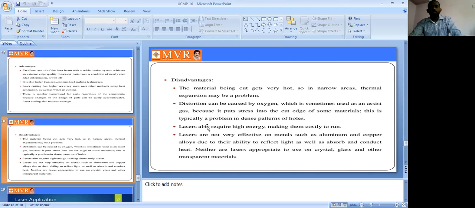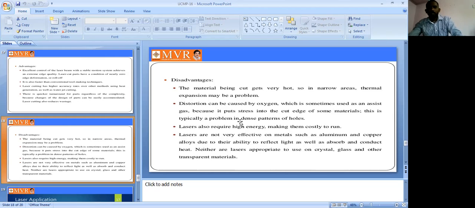So sometimes in this process we can use it as an assist gas, and sometimes we cannot use it as an assist gas. That is one of the major defects, because it puts stress into the cutting edge of some of the materials.